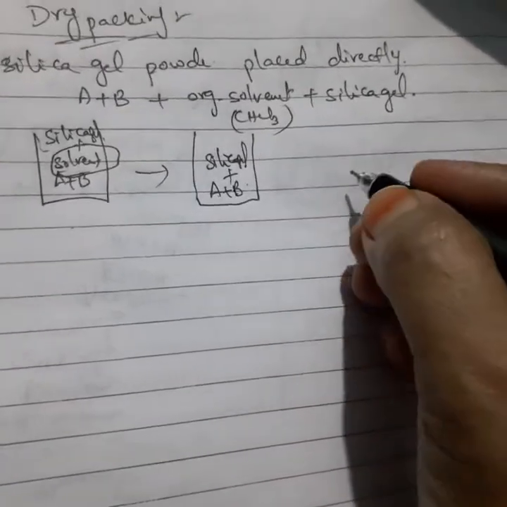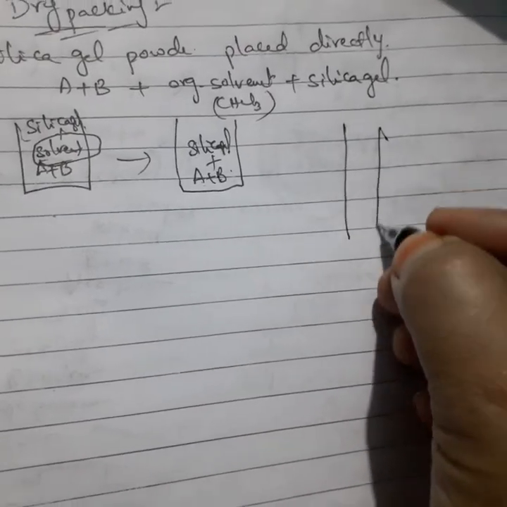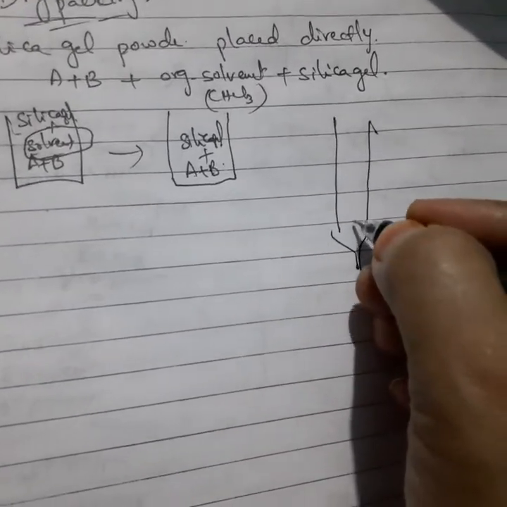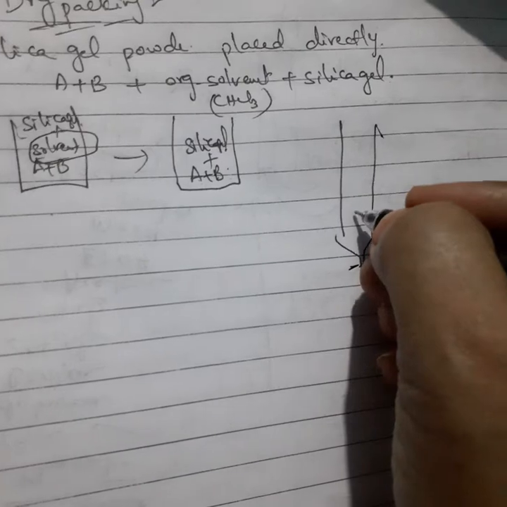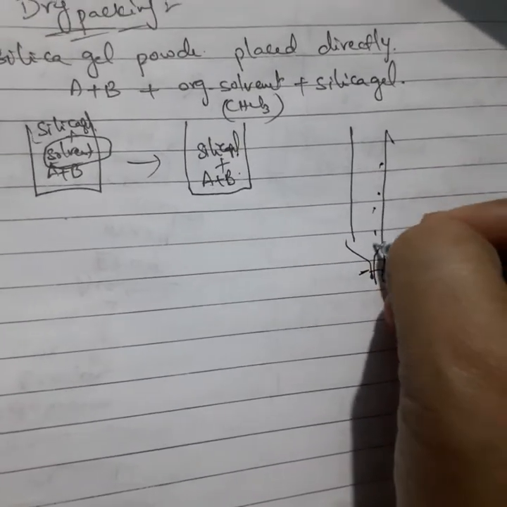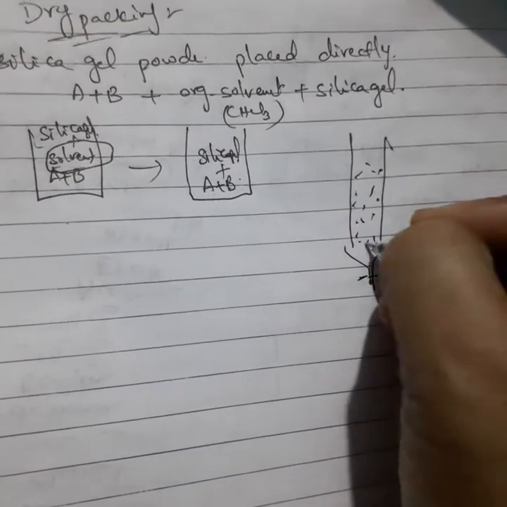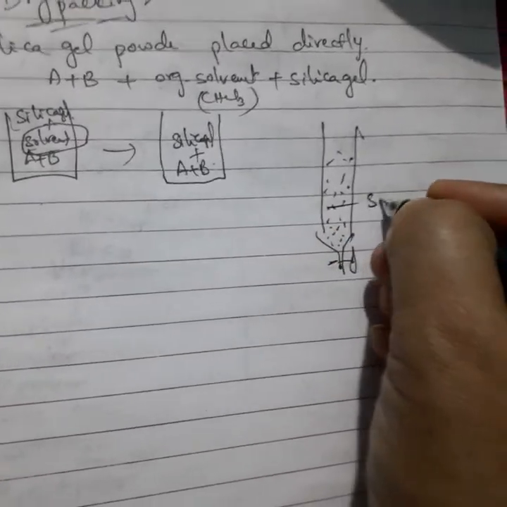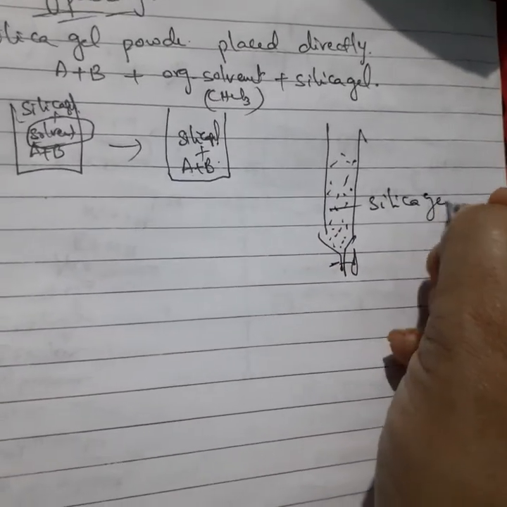Now this powder is poured into the column. Already this column has what? Powder form of silica gel.